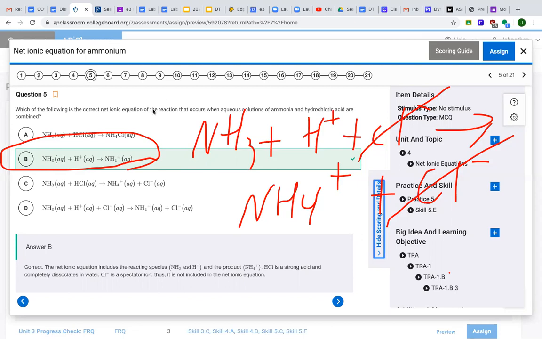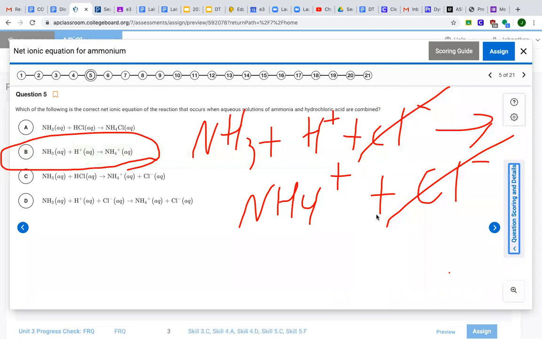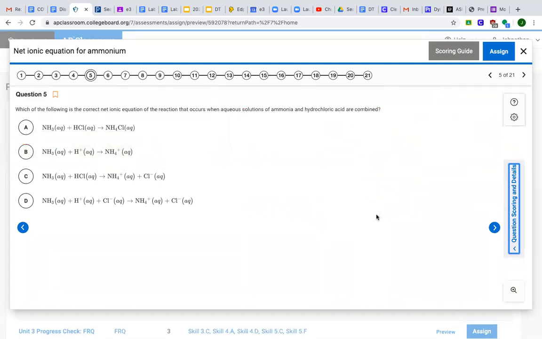I mean, it pretty much tells you in the problem, right? You might have to do that on a free response question, so you might see it like that on your AP test. But a lot of these are chemicals that we've worked with over and over, so we're going to see them so often that we should know this from our practice. If you look at this one, you can pretty much tell what's happening. NH3 plus HCl, sure enough, forms ammonium, and then Cl just gets tacked on there.